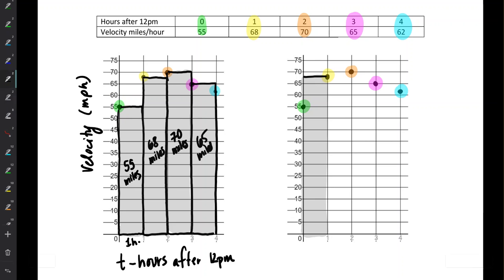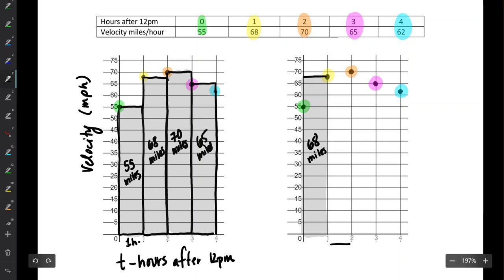So if I make the assumption between noon and 1 that my velocity was a constant 68 miles an hour, 68 miles an hour times 1 hour gives me the 68 miles. And then between 1 and 2, I'm going to use not the velocity that I was going at 1, but the velocity I was going at 2.